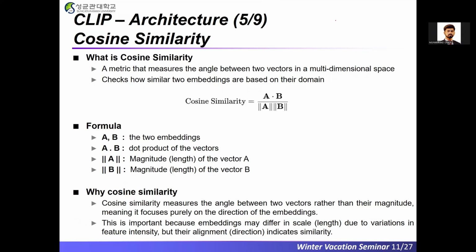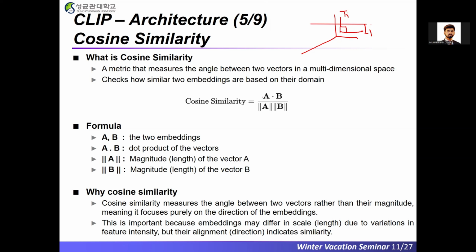For example, we have a multidimensional space like three-dimensional space, and in here we have two embeddings. It can be represented as Ti or it can be represented as Ii. Now these embeddings are perpendicular, so the angle between them is 90 degrees.